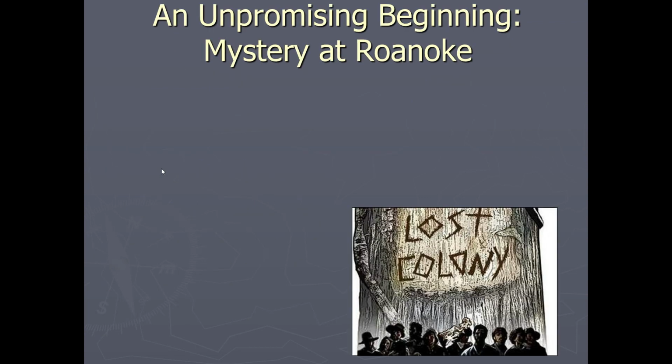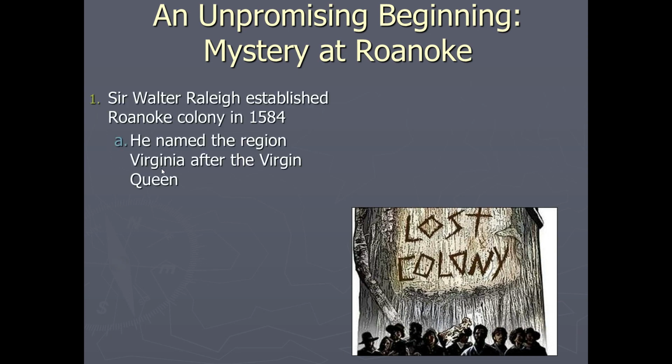All right, so talking about Roanoke, that was established in 1587. It was known as the Lost Colony. It was forgotten during the English Civil War, and it was named after the Virgin Queen, Virginia. He named the region Virginia after the Virgin Queen, and it failed.